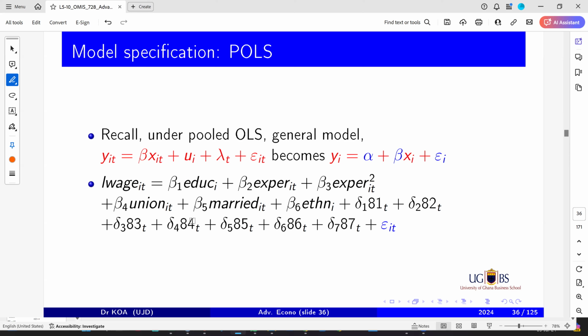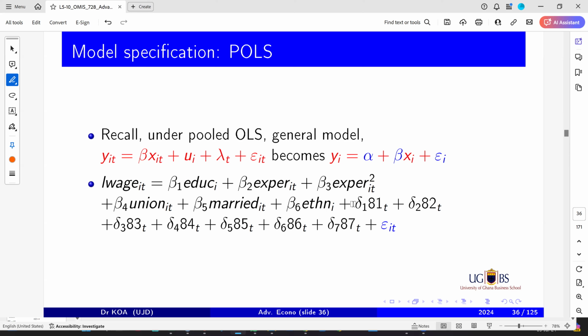Union is time varying. You remember we said that a person can change his union. Marriage is time varying. Of course, it's also individual varying. Ethnicity is only individual specific. It's not time specific. So a person's ethnicity is fixed.